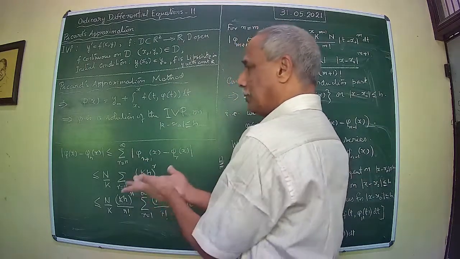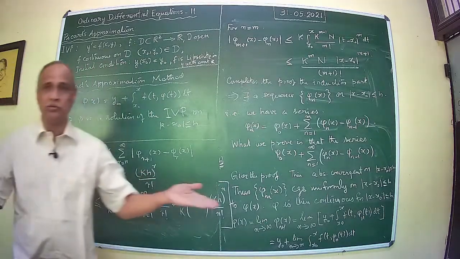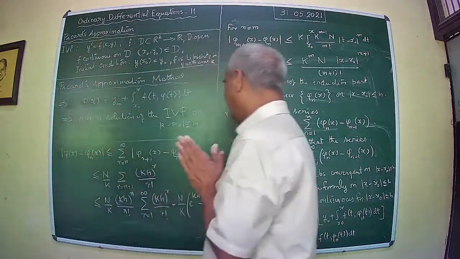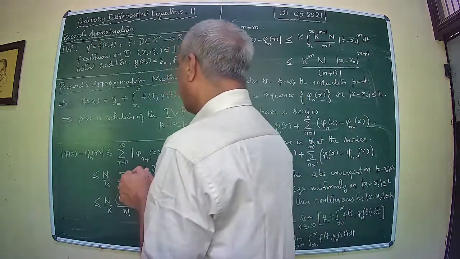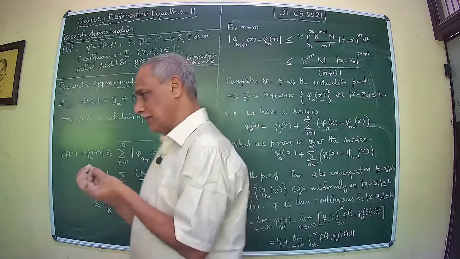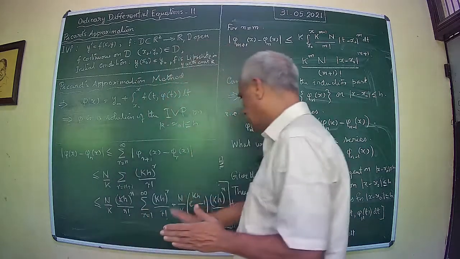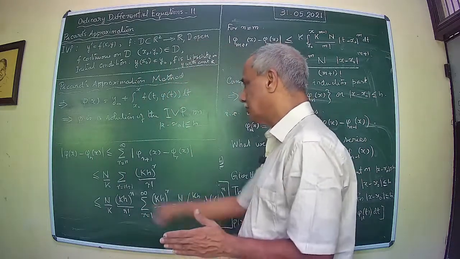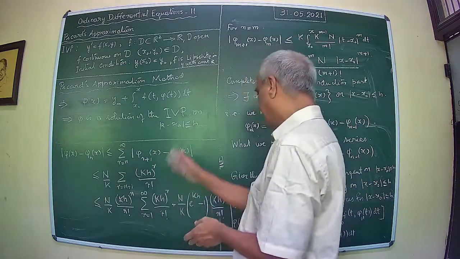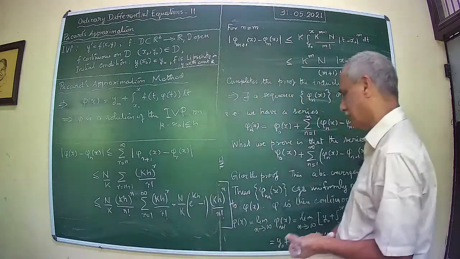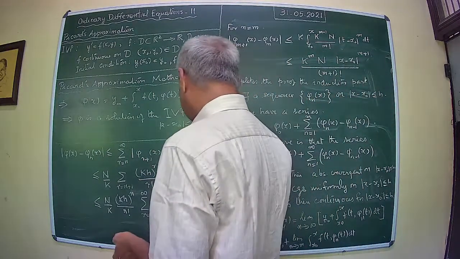So what you normally do is start with some phi naught, compute the first few terms, and then you see that if h is sufficiently small, that means you are in a small neighborhood of the point x naught, then you get a good reasonable estimate for phi in terms of the n. You may not have to take n too large to get that, because this number is quite powerful.